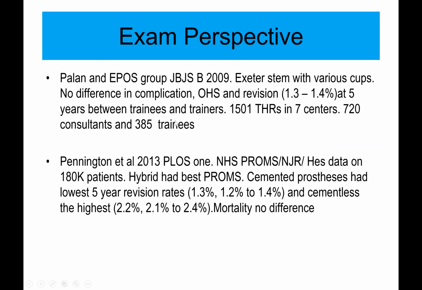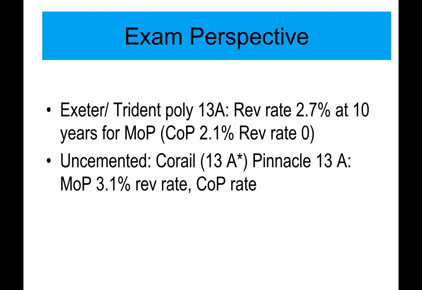You also have to give evidence for your answer, like what studies. This is again the JBJS paper on the Exeter and the Pennington paper, if you can remember. Or you can say, I will use an uncemented implant, that is an Exeter stem or a hybrid. The Trident is an uncemented cup, but which has a 13A ODEP rating and the NJR has 2.7%.